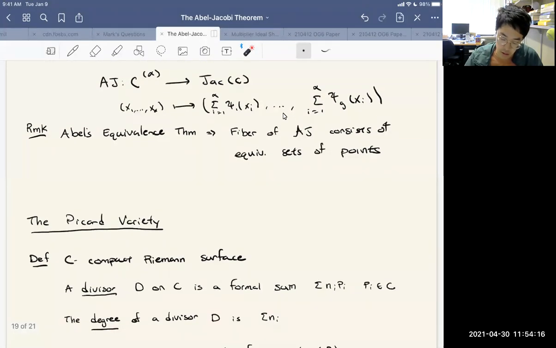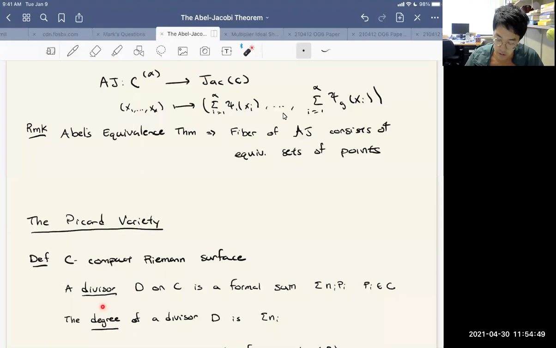C now is my compact Riemann surface. And now we'll more formally define what we mean by collections of points on the Riemann surface. A divisor on the curve is just a finite formal sum of points, the sum of n_i p_i, where p_i are points in C and the n_i are integers, positive or negative.